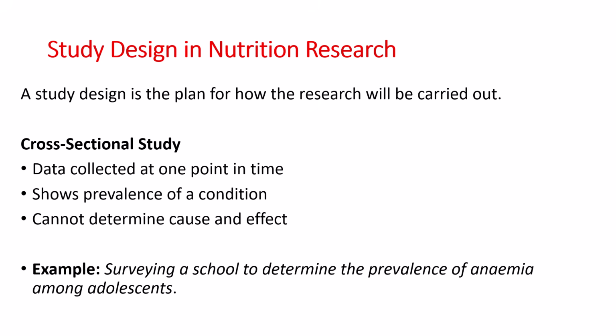An example is surveying a school to determine the prevalence of anemia among adolescents. It's just telling you what the percentage prevalence of anemia is among students of a particular population, but it's not telling you what is the cause of anemia or the effect of any intervention.